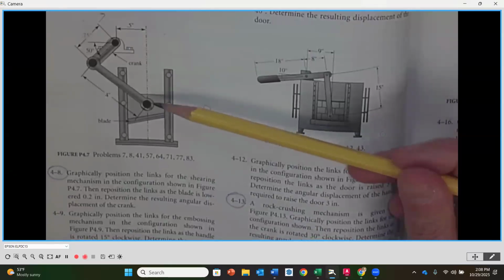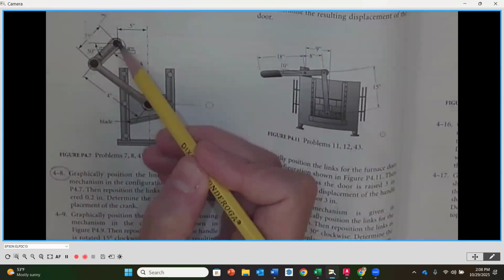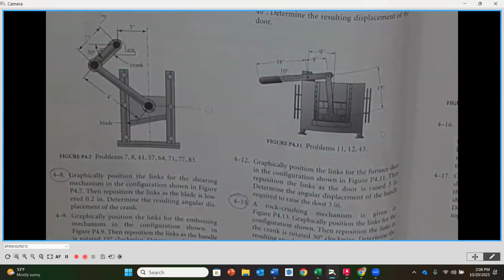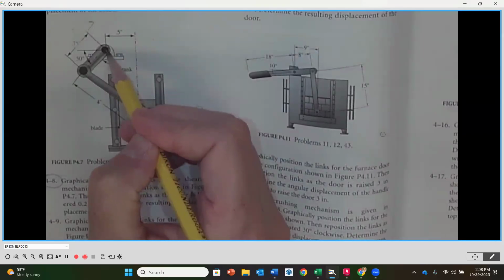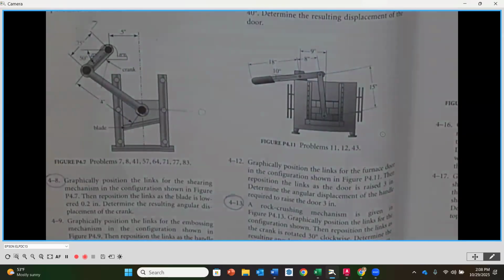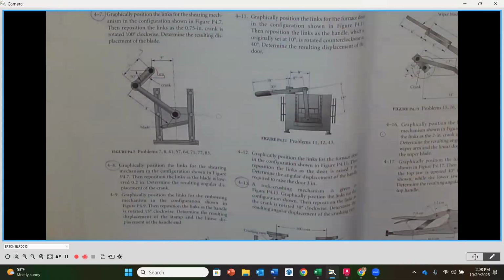When you do that, you're going to reposition the links, if you would, backwards, and you're going to find out how far that crank moved angularly. This is an angular displacement because now remember, it's fixed around that center and it's going to be an angle that you measure, not a distance. Okay. So that's 4.7 and 4.8.